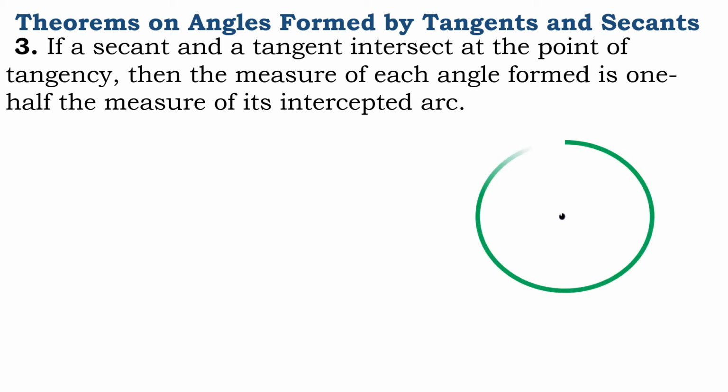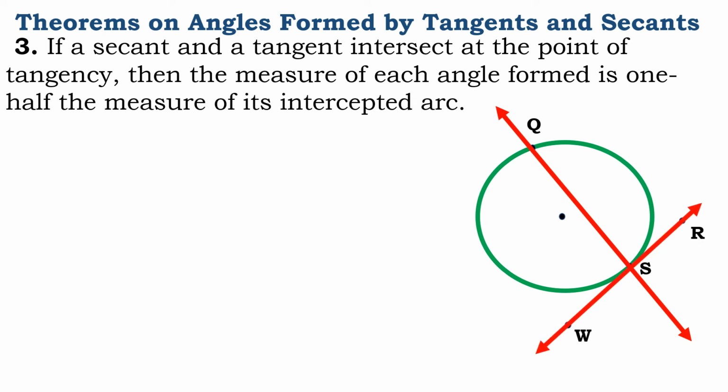In the figure, line QS is a secant and line RW is a tangent intersecting at point S. Point S is the point of tangency. Arc RQS is the intercepted arc of angle QSR, while arc QTS is the intercepted arc of angle QSW.